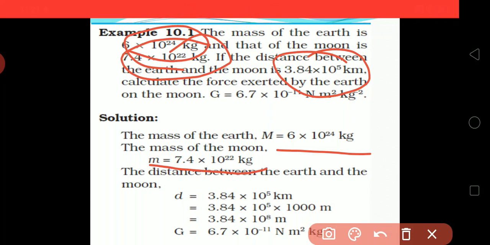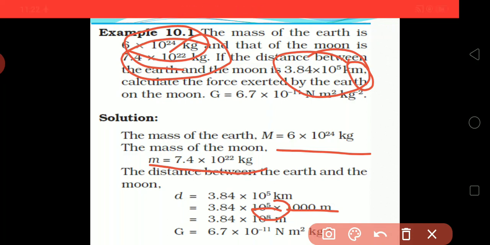The distance is also given, but it is in kilometer, so first we have to convert it into meter. For converting it into meter, we have to multiply the given kilometer, which is 10 raised to 5, with 1000. So we will get 3.84 into 10 raised to 8 meter. This will be our distance.